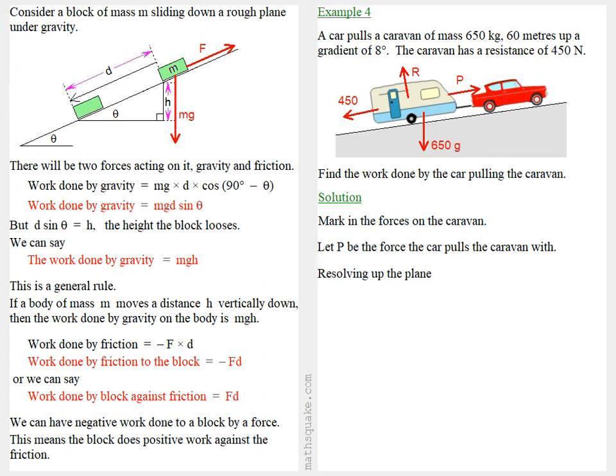Now we can resolve up the plane. The plane makes 10 degrees with the horizontal and 80 degrees with the vertical. Now we have one force directly up the plane, that's P, and one force directly down the plane, that's the resistance, 450 newtons. Now the weight has a component down the plane of 650G cosine 80 degrees, which we can write as 650G sine 10 degrees.